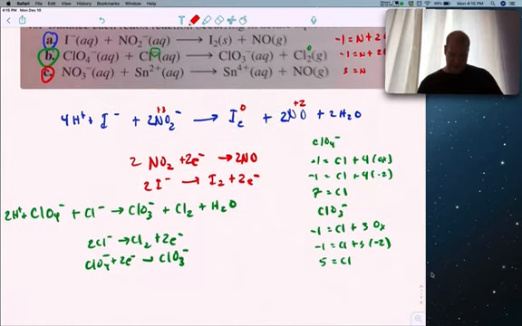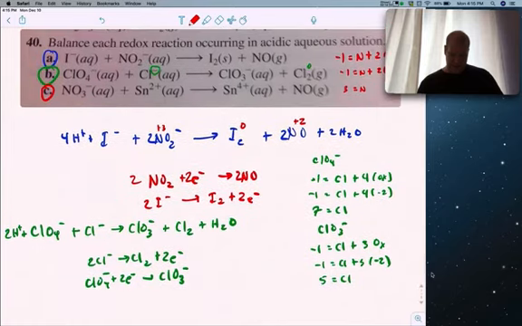NO3 minus to NO, so this is going to be plus 2 there, and NO3 minus, this is going to be plus 5. If you want to go through, minus 1 is nitrogen plus 3 times oxygen, minus 1 is nitrogen plus 3 times minus 2, 5 is nitrogen, okay?